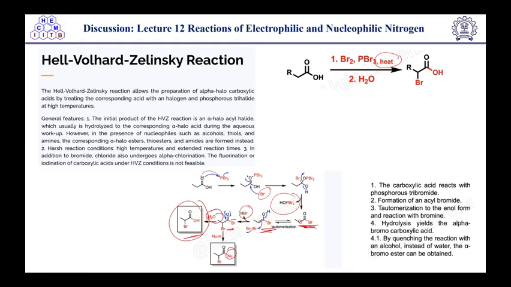Suppose instead of water we are using an alcohol, suppose isopropyl alcohol, or ethanol, whatever it will be. Suppose we are using ethanol. Then this nucleophile will attack here and the bromide will get knocked out to give the corresponding ethyl ester.